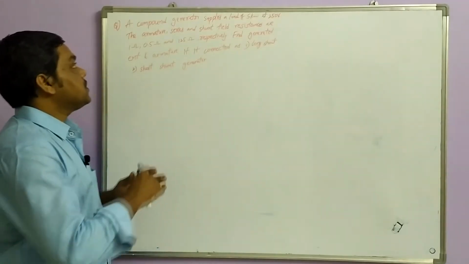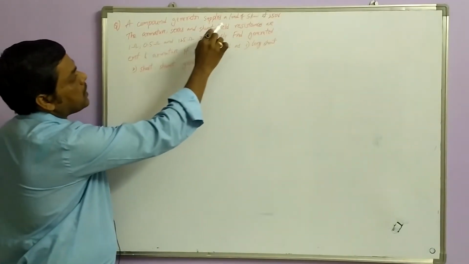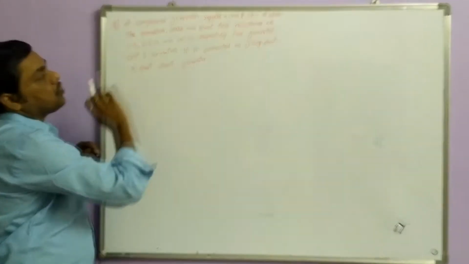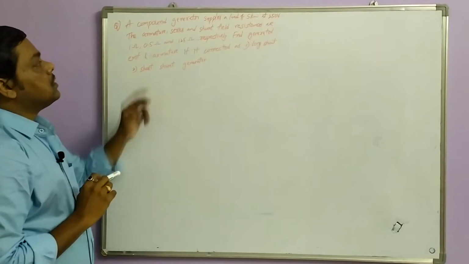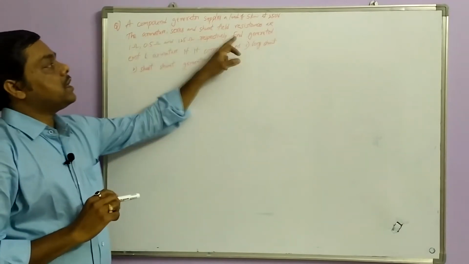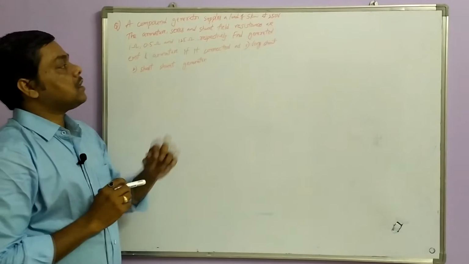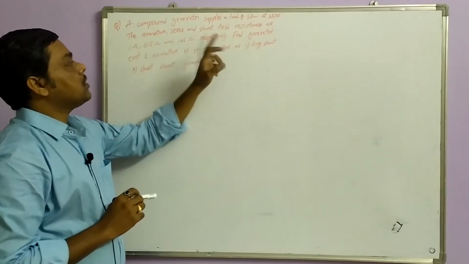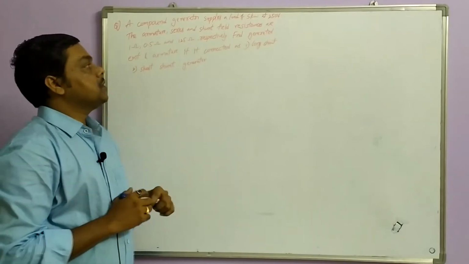Now the question is, a compound generator supplies a load of 5 kilowatts at 250 volts. The armature, series and shunt field resistances are 1 ohm, 0.5 ohms and 125 ohms respectively.